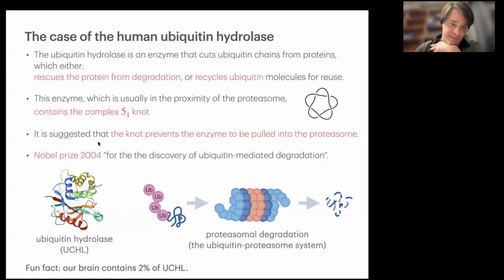And actually there was a Nobel Prize for the discovery of this ubiquitin mediated degradation, so how this system of protein degradation works. And just a fun fact, our brain contains 2% by mass of ubiquitin hydrolase, which means that 2% of our brain contains knots.